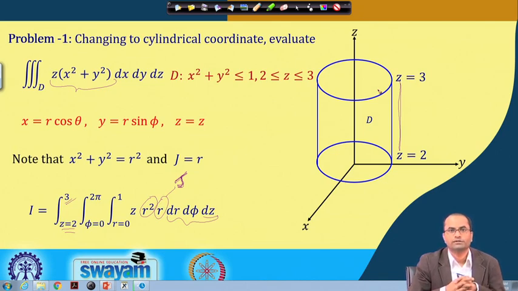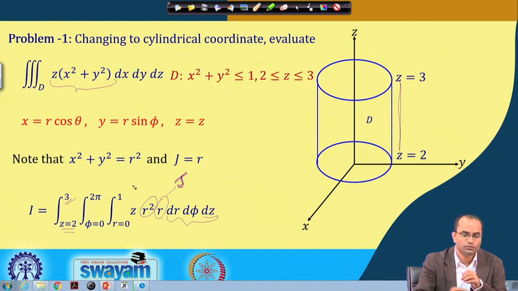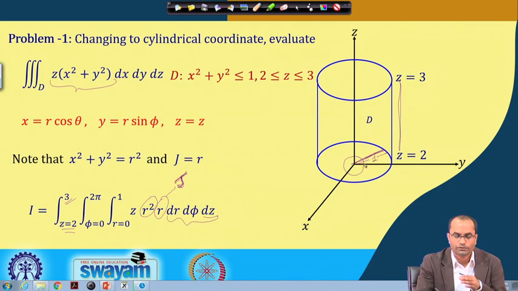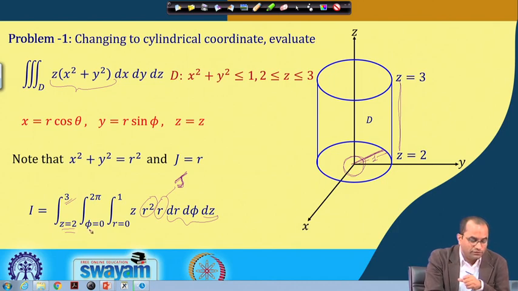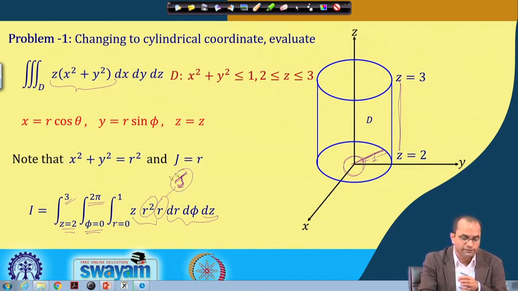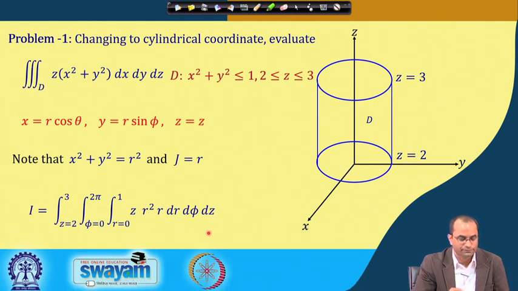The r is going from 0 to 1, because the radius of the circle is 1. So, r is moving from 0 to 1, and then the theta is moving from 0 to 2 pi, the whole circle. Or the phi in this case, we take in cylindrical polar coordinates phi. So, phi varies from 0 to 2 pi, and r goes from 0 to 1, and then we have changed the integral, we have taken care of the Jacobian term, and now we can evaluate this integral.